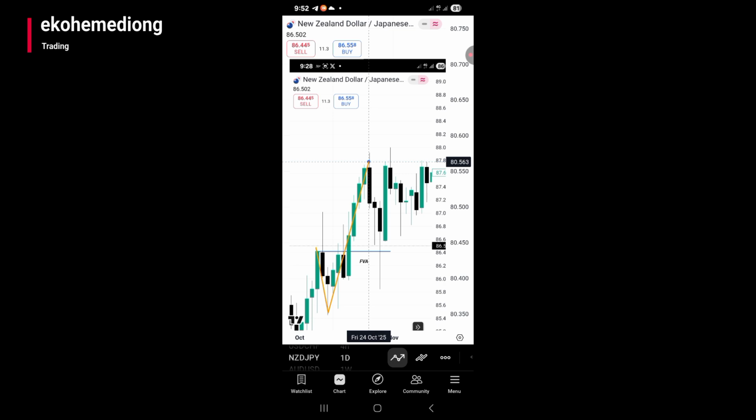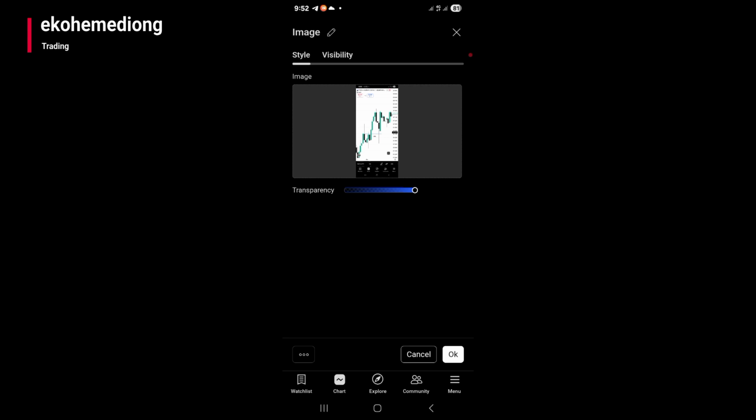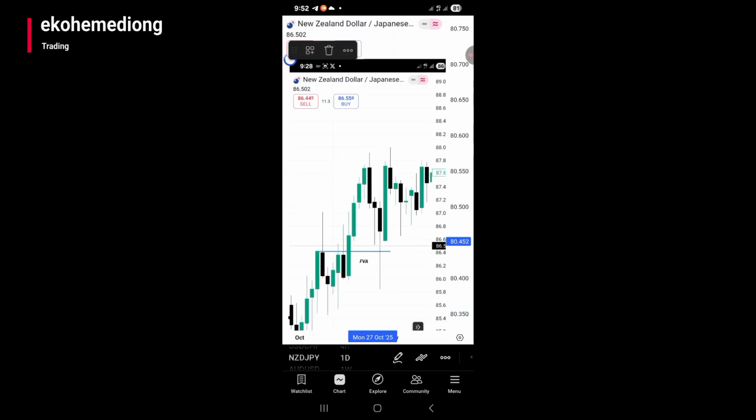Now from here to here is where there's no fair value. So market price has to come back lower here to offer fair value, to give the seller a chance to get involved in the market.